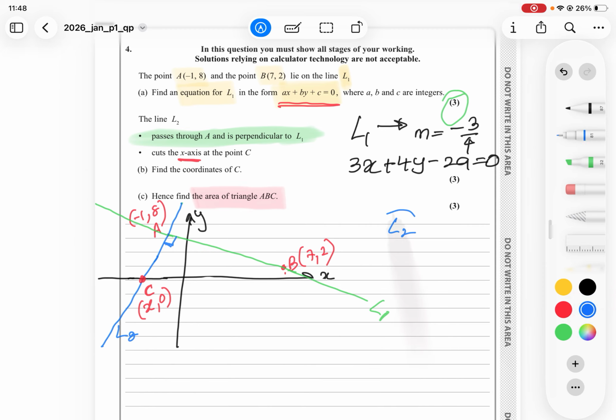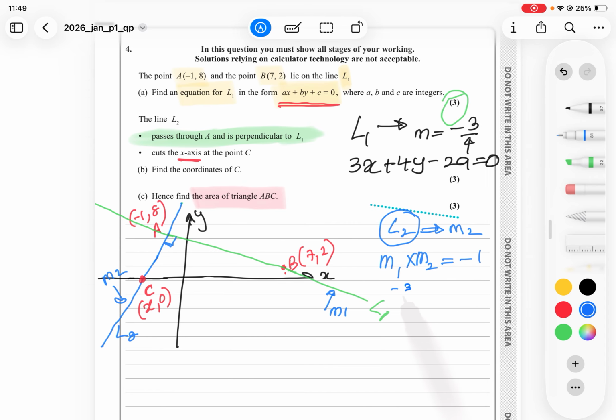To get the L2 gradient, since both are perpendicular, I'll take the gradient of this as M2. Here the gradient as M1, here the gradient as M2. So since they are perpendicular, M1 times M2 equals negative 1.